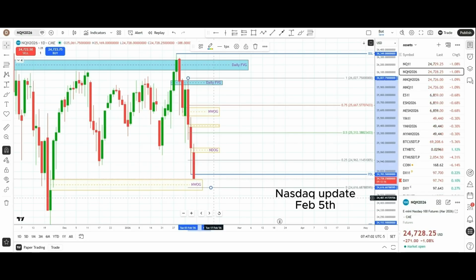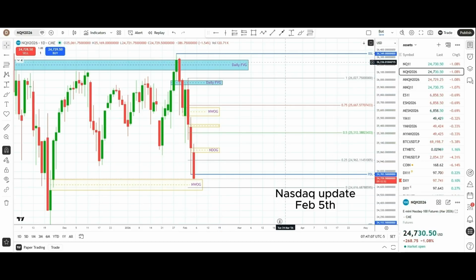You can use this tool, the quarters, and try to see if the price is gonna do something like this. You can look for a target in the 0.25 area fib, or who knows, maybe even upwards in the 0.5 area.